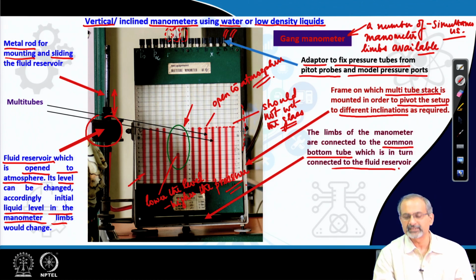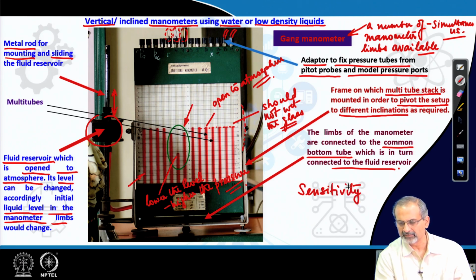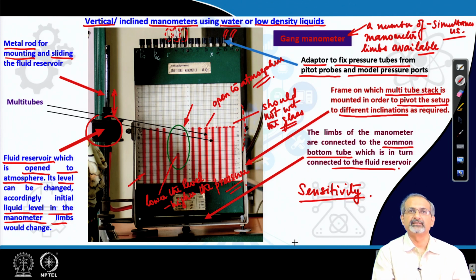Once the orientation changes, we will discuss it soon, the sensitivity of the manometer would change. You will have enhanced sensitivity if you tilt it, if you incline it, and it is required for certain purposes.